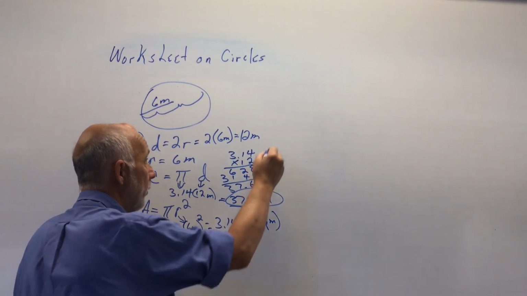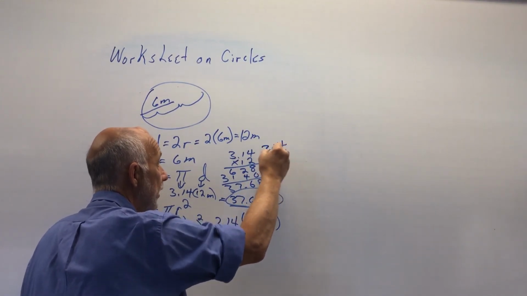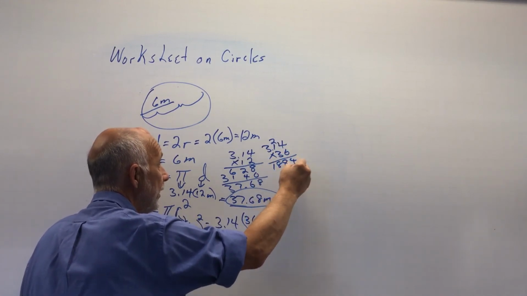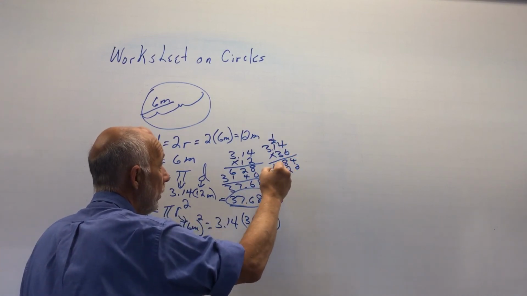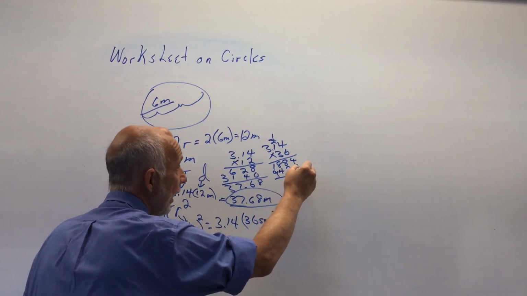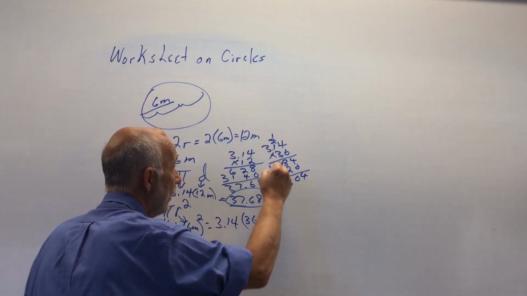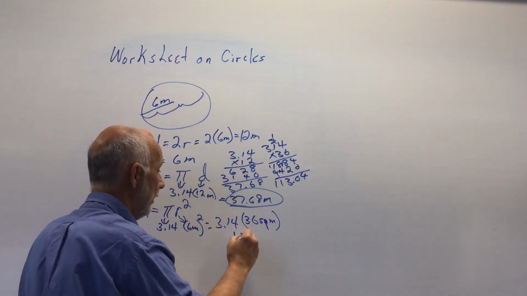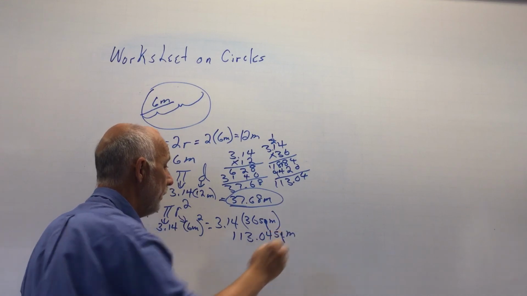And then you have to multiply 3.14 times 36. 24 carry your 2, 8, 18. 12 carry your 1, 4, 9. And you get an answer of 113.04 square meters.